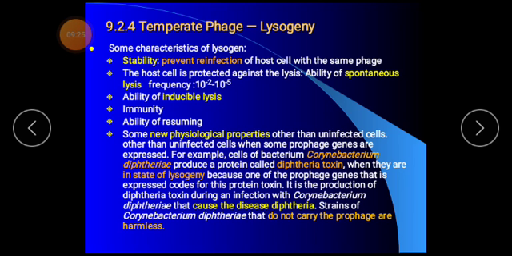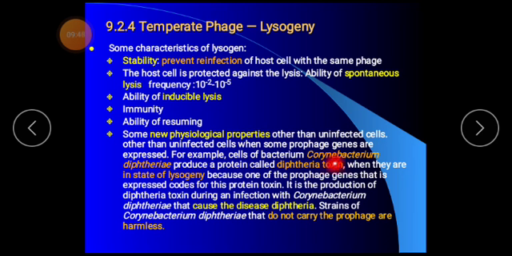So here, lysogeny has the ability of inducible lysis, and it is characterized by immunity. It also has the ability of acquiring some new physiological properties other than those of uninfected cells when some prophage genes are expressed.